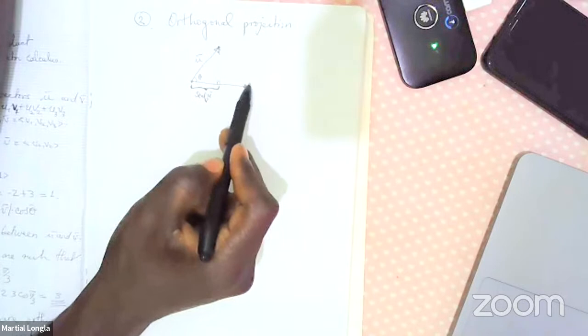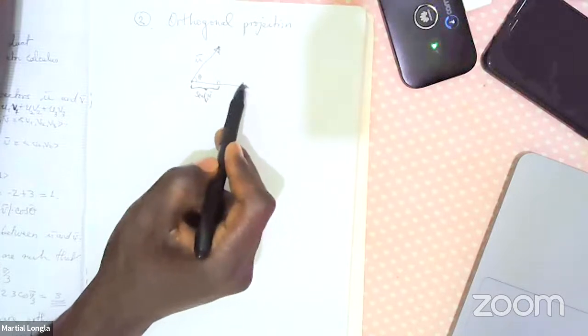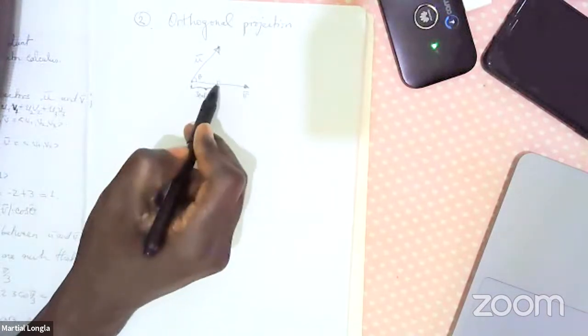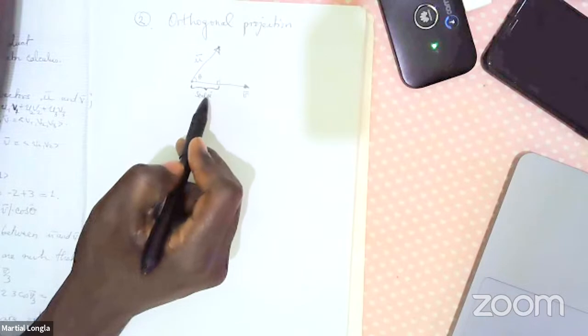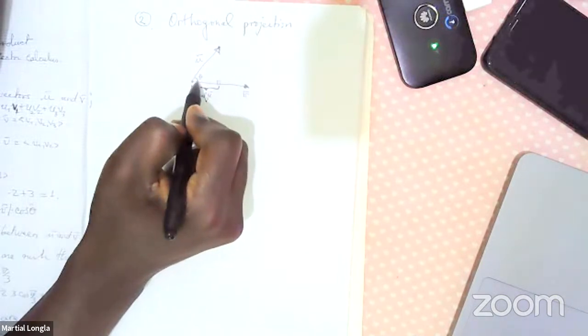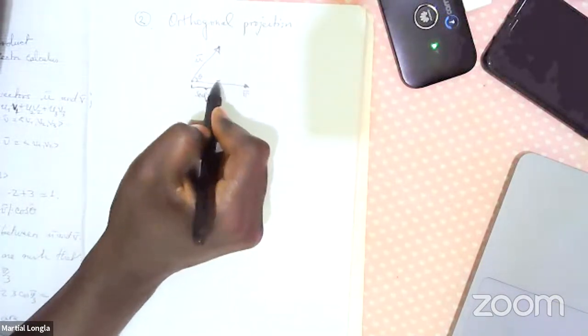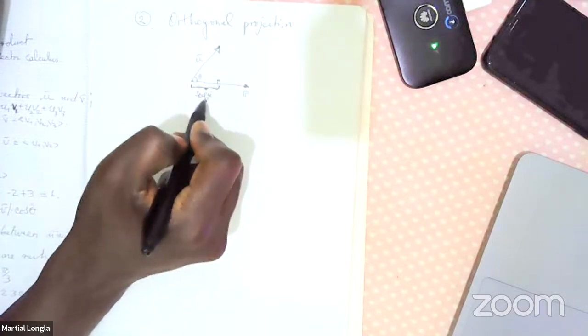We know it's a vector that is in the direction or opposite to the direction of v, and we need a magnitude of it. If I take the angle here, knowing that this is a right angle, what would be the relationship between this vector, this one, and the angle here? Anyone wants to try?